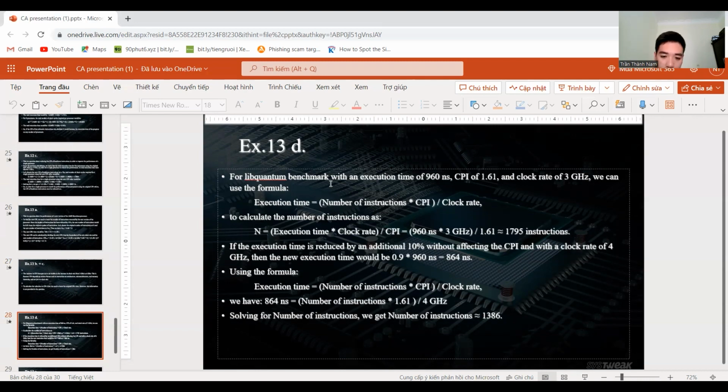To calculate the number of instructions n, we use execution time multiplied by clock rate over CPI, which equals 1759 instructions. If the execution time is reduced by an additional 10% without affecting the CPI, and with a clock rate of 4 GHz, the new execution time would be 864 nanoseconds.